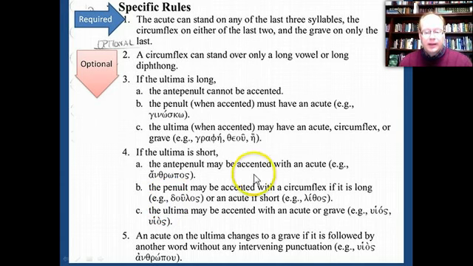And the grave accent here occurs only on the ultima. Now, I went through those examples just to show you what rule number 1 is talking about. If you would like to learn how to accentuate Greek nouns and verbs, you do need to learn the optional rules. But I do not require that in this course. I expose you to them and leave it up to you whether you will learn them.